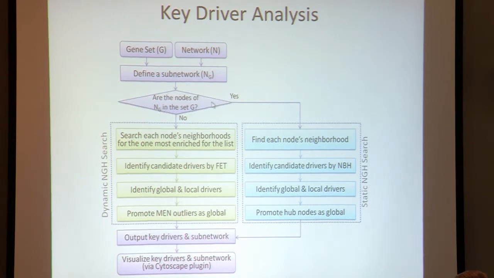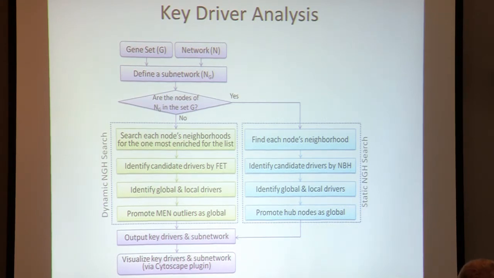So now we have two types of approaches for key driver analysis. One is the dynamic search. If the input nodes are only a subset of the network, like NG here, some of the genes could link to each other through many other genes outside the input gene list.